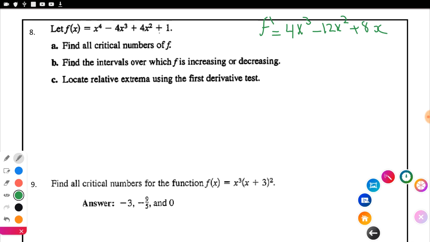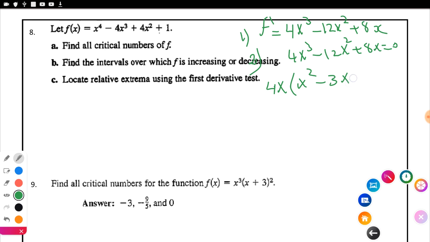Okay, then second step, find the critical number by setting the value of the first derivative equal to 0. 4x to the power 3 minus 12x to the power 2 plus 8x equal 0. By factorizing, take 4x as a common factor. It will be 4x times (x to the power 2 minus 3x plus 2) equal 0.